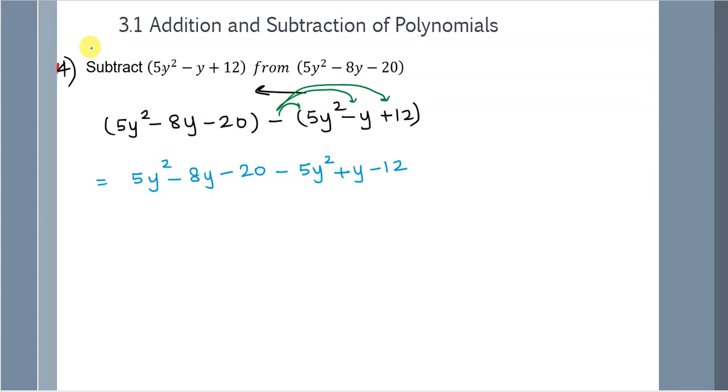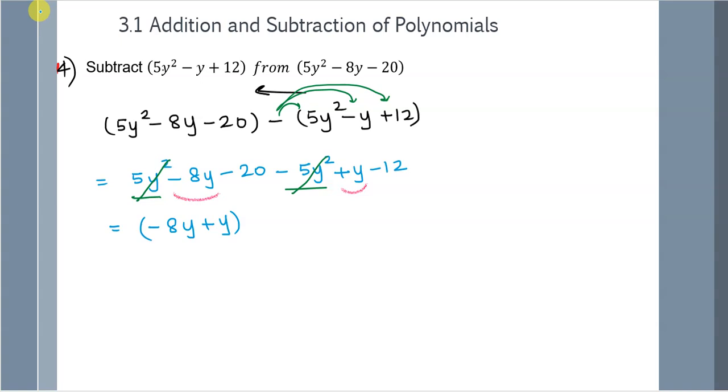Now collecting the similar terms, what you will get? 5y square here and minus 5y square. Same term, opposite sign, so you can cancel directly. Otherwise you get 5 minus 5, 0. Next, minus 8y and plus y. When you collect them, you get minus 8y plus y.